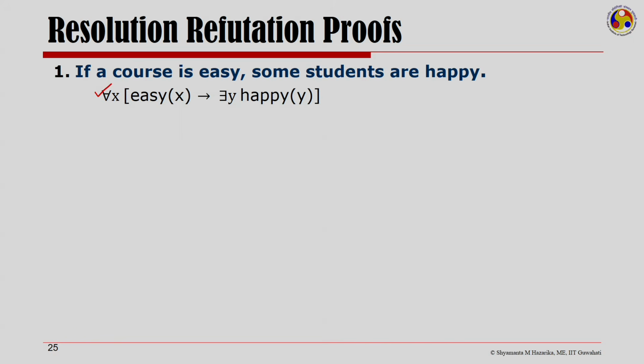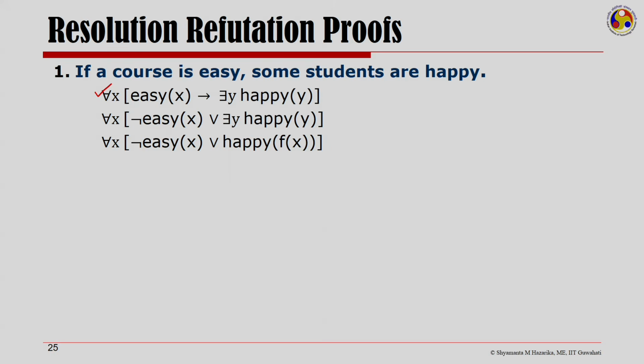Now, in order to apply resolution, this has to be converted into a clause. So, the first thing to be done is to replace the implication. The implication P implies Q is replaced as not P or Q, and now we will try to remove the existential quantifier.